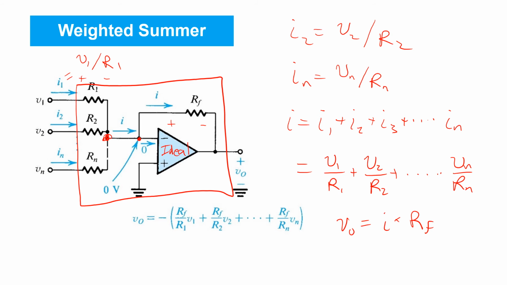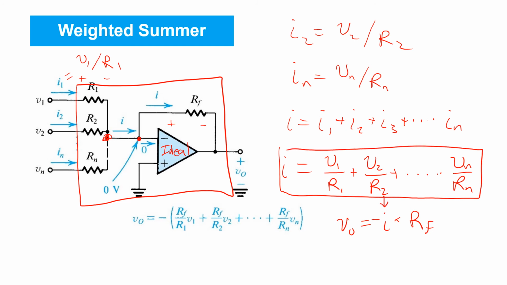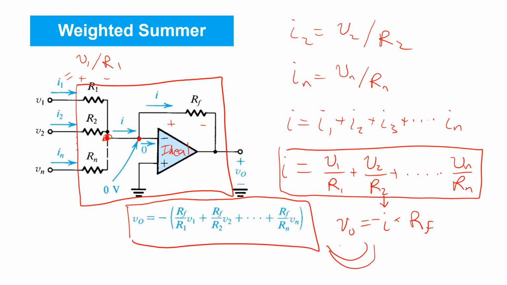VO is given by that voltage drop below the voltage at the negative op-amp terminal, which is 0 volts. So VO is negative that voltage drop. Substituting in this expression for I here gives us this final expression for the output voltage highlighted in blue.